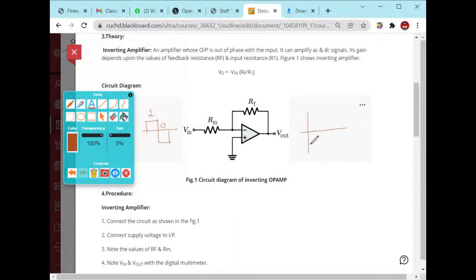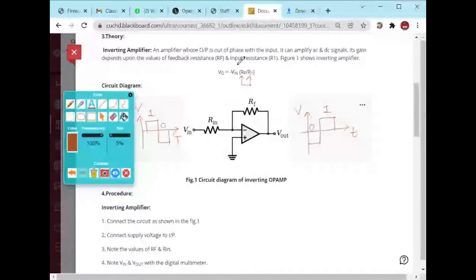The phase should be opposite. At the 1 location it will show output as 0, at the 0 location it will show output as 1. So the output voltage depends upon these two resistors, RF and R1.